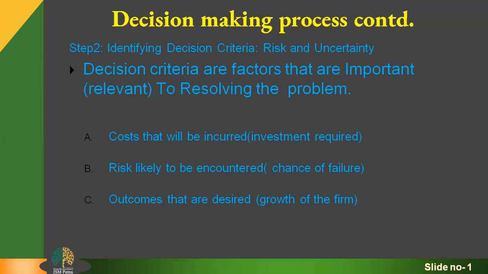That means in spite of all checking and testing, in spite of all kinds of analysis, if due to any reason the implementation of the decision is going to result in a failure, then this risk factor is up to what percentage level?